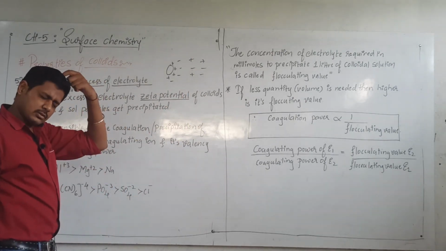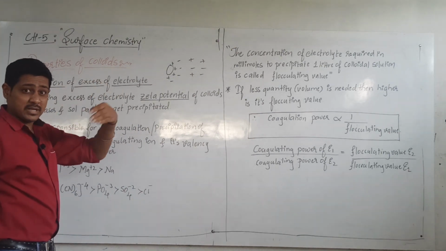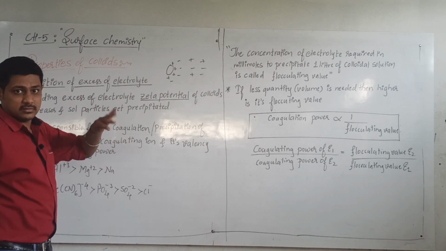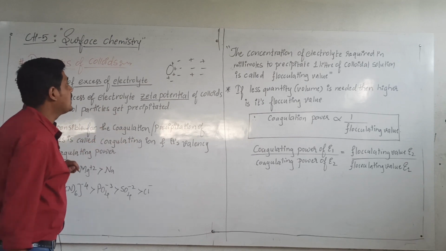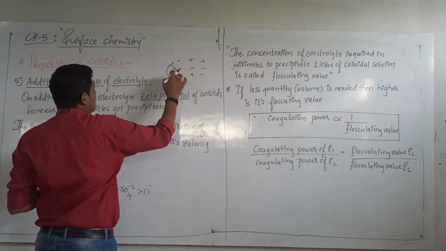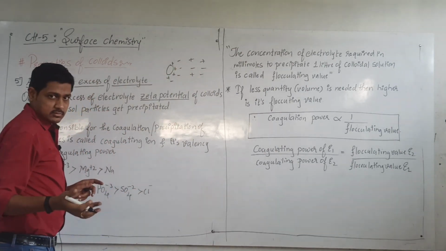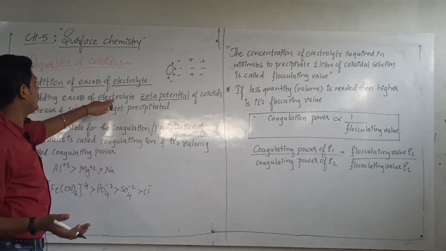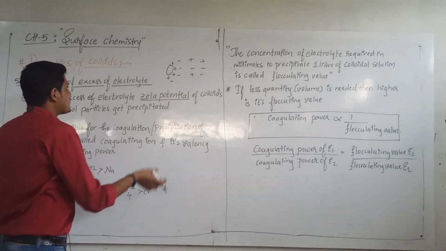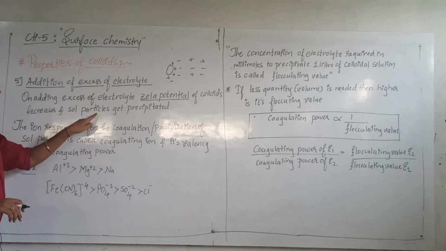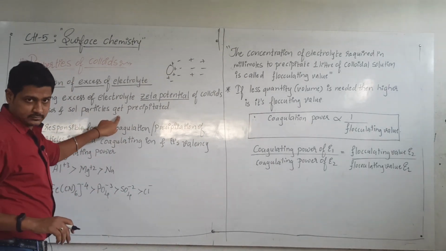Just like in the chemical equilibrium chapter you have studied, when excess of electrolyte is added, some balance has to be maintained. Therefore these two will start combining, and the particle will lose its charge. So on addition of excess of electrolyte, zeta potential of colloids decreases and sol particles get precipitated.